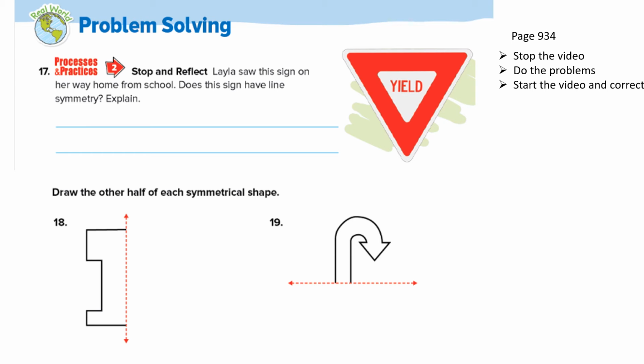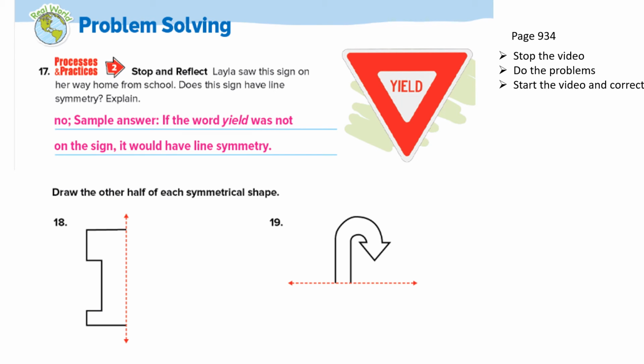All right, let's take a look at that yield sign and the shapes for 18 and 19. Answer these questions. Stop the video like it says, do the problems, and then start to correct. So Layla saw this sign on her way home from school. Does this sign have a line of symmetry? Explain.